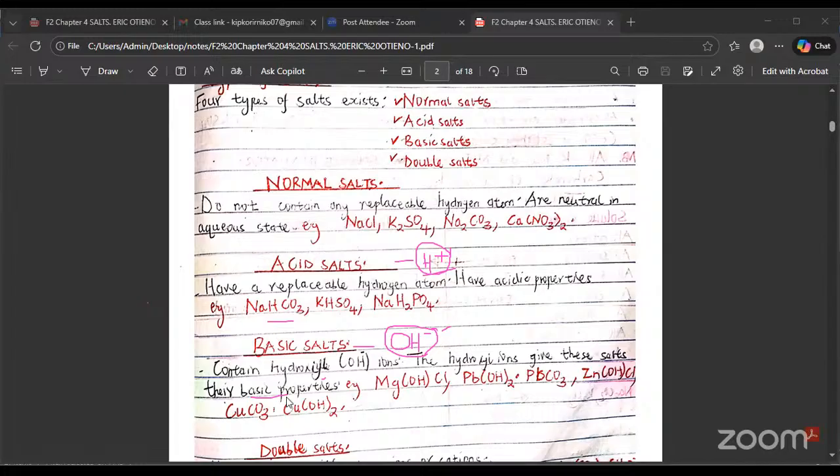Now, when you are writing the chemical formula of that salt, it is written as magnesium hydroxide chloride. But when you are giving the name, actually, I normally tell students, very important, if you don't know how to write the chemical formula, for example, of magnesium chloride, unless it is stated in the question that you write the chemical equation, don't.